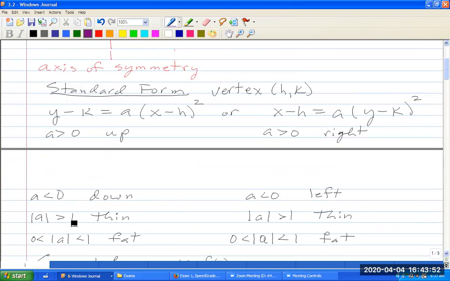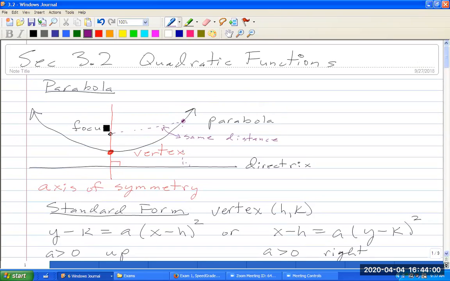If a in absolute value is greater than 1, then it is thinner than the graph of y equals x squared, a stretching of the graph of y equals x squared.